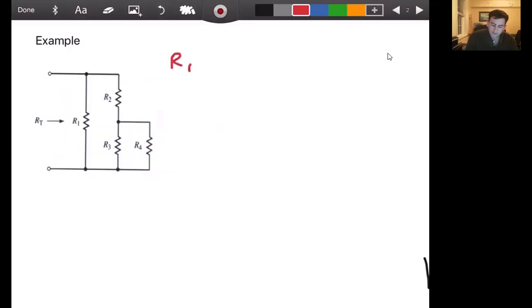We write this out as R total is equal to R1 in parallel with R2, which is in series with R3 in parallel with R4.